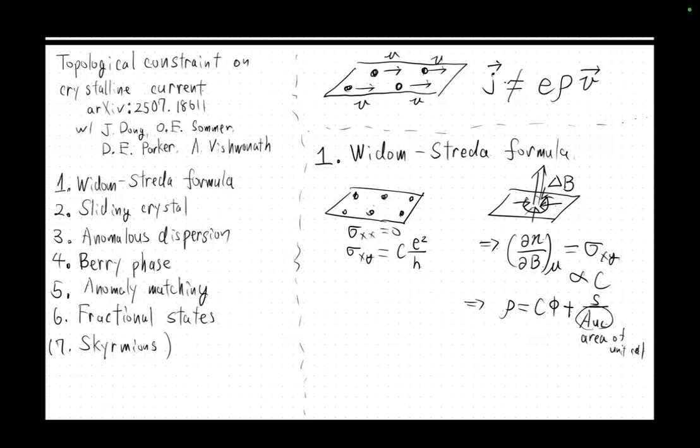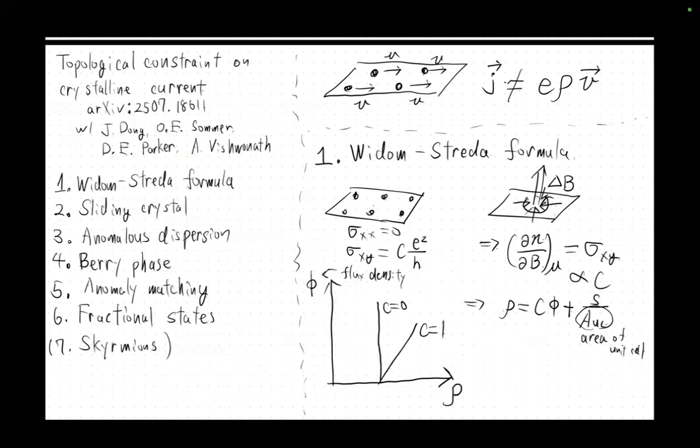And this is something you can detect and measure in experiment. What you typically do is to make a plot of the electron density rho and the magnetic flux density phi. And you plot where you see an insulating state, because an insulating state means that you're keeping the chemical potential fixed. If you have a vertical line that corresponds to C equals 0, if you see a line that's sloped, it means that there's non-zero C, such as 1.